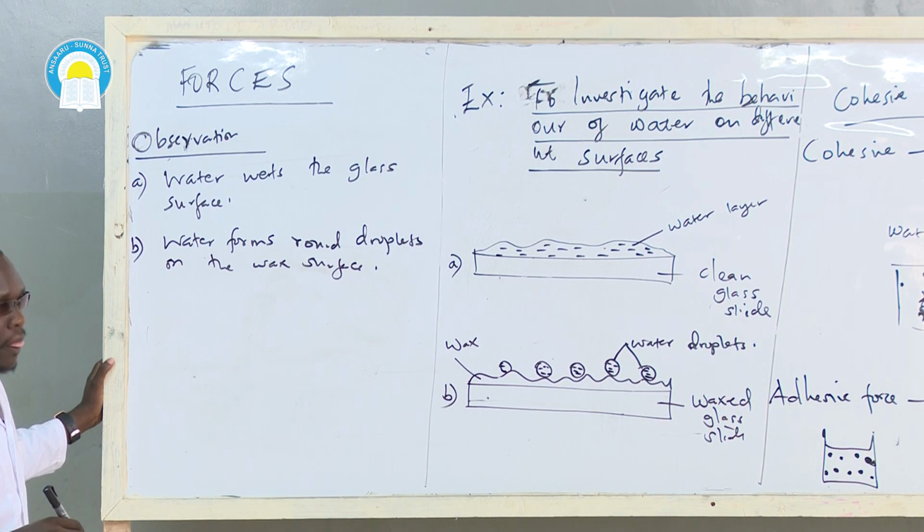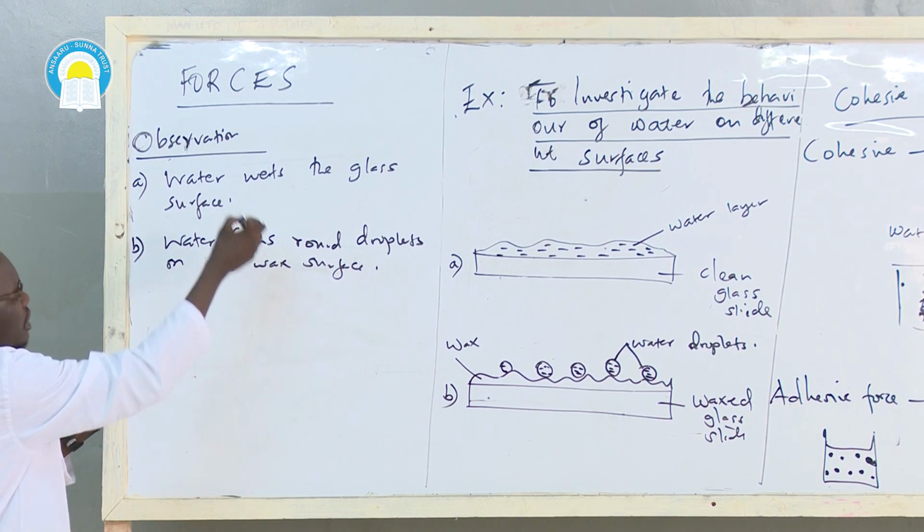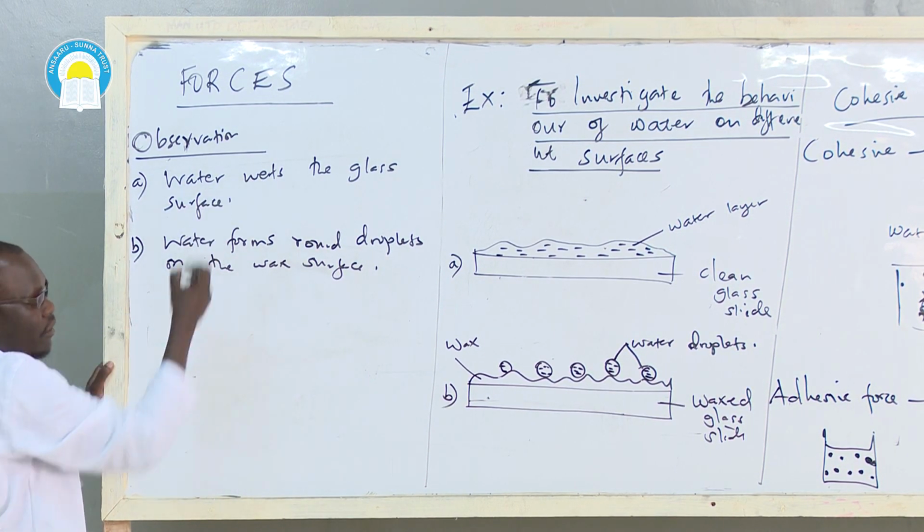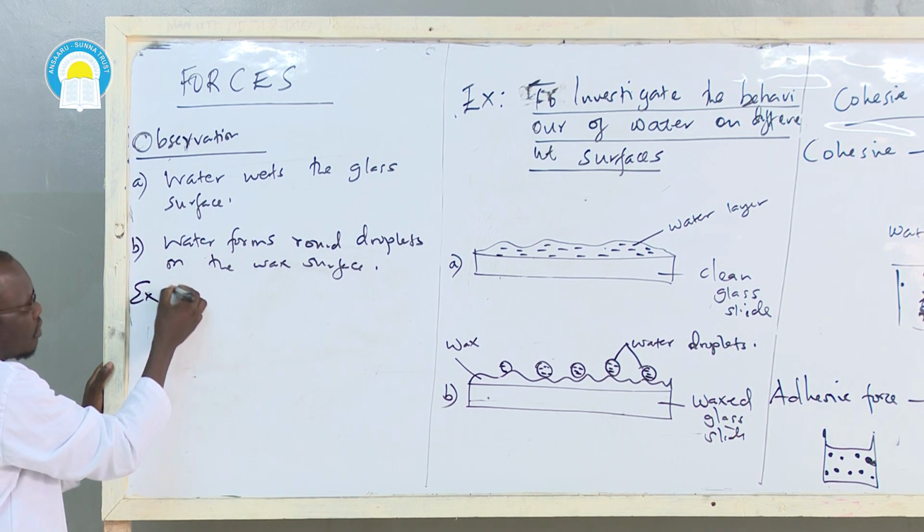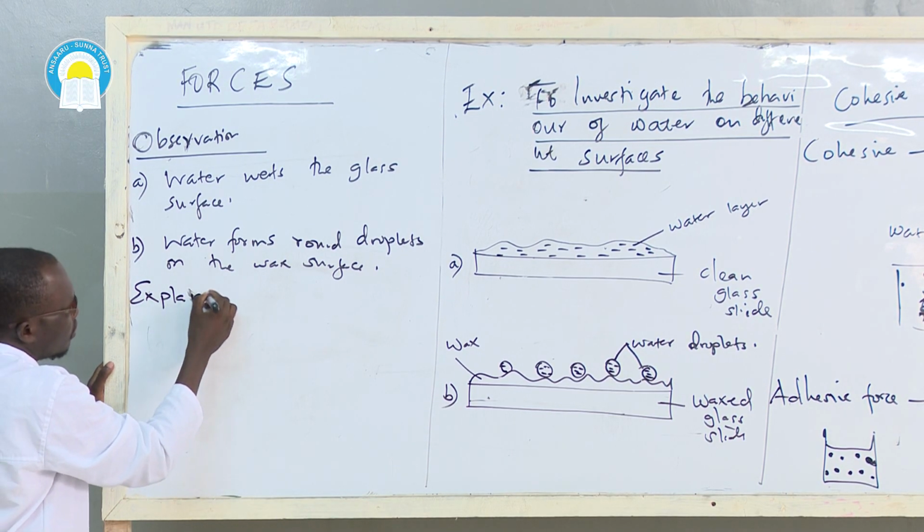Therefore, explanation: what is causing this formation of droplets and wetting of the surface? Why is it so?